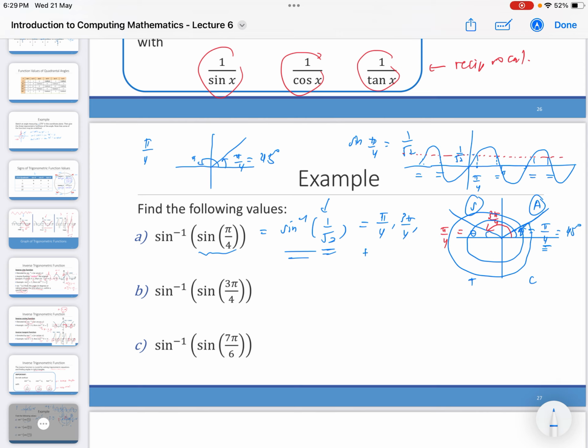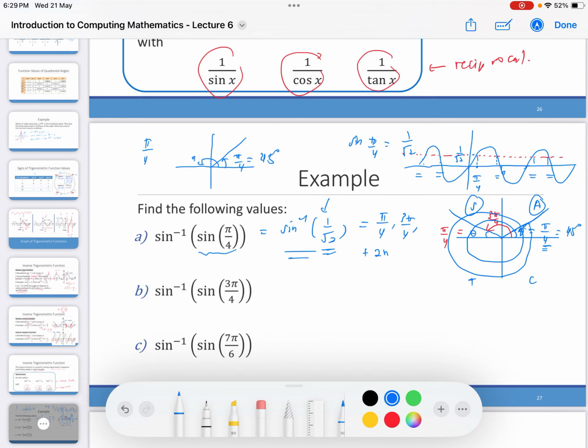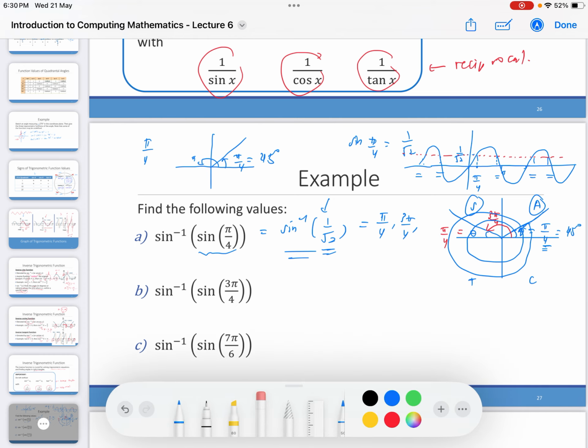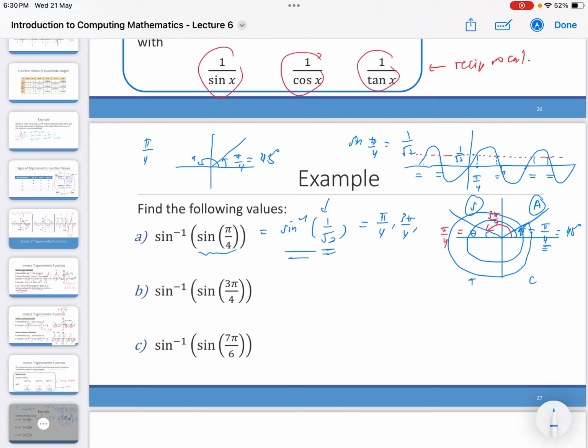So basically the angle will be pi over 4 plus 2 pi n, where n is an integer.